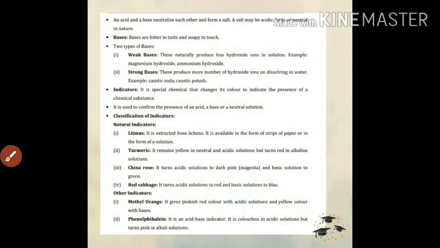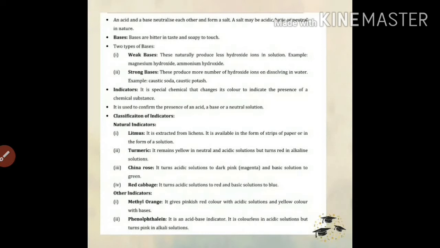So what are natural indicators? Litmus. It is extracted from lichens. It is available in the form of strips of paper or in the form of solution. Second, turmeric. It remains yellow in neutral and acidic solution but turns red in alkaline solution. Third, China rose. It turns acidic solution to dark pink, magenta, and basic solution to green. Red cabbage.